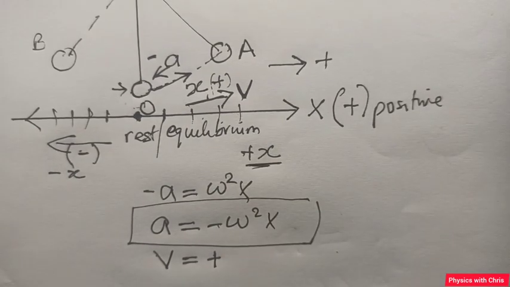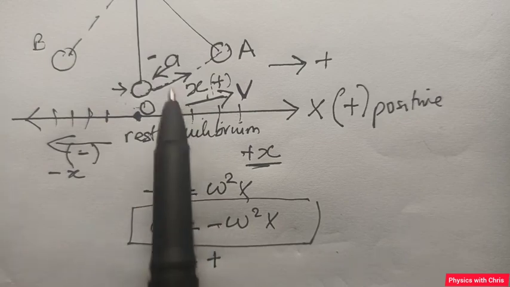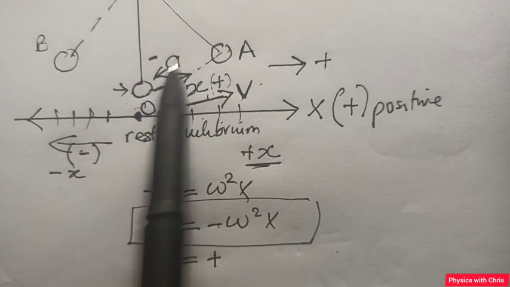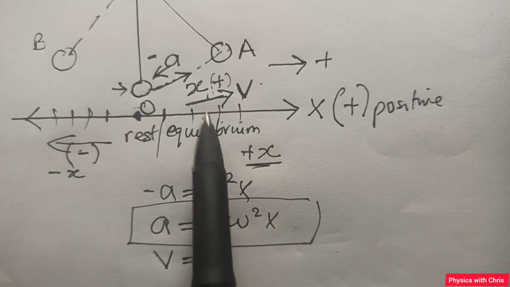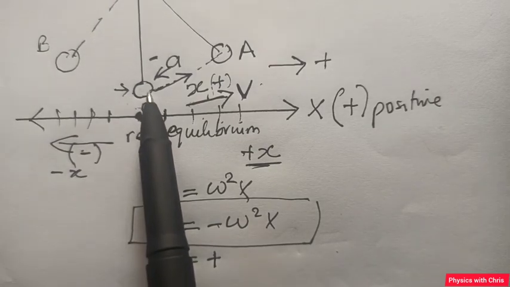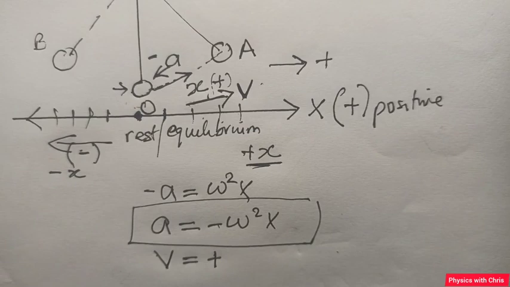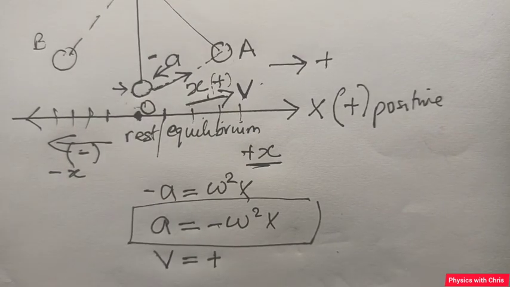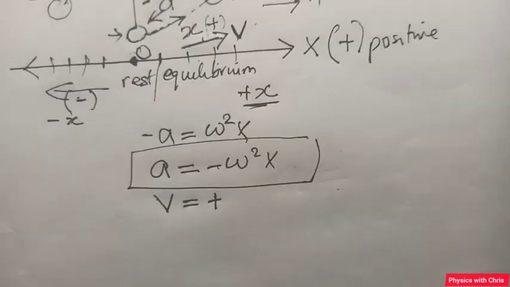Whenever a body is accelerating, we expect that when the speed is increasing, the acceleration and the speed are in the same direction. But when the speed is in this direction and the acceleration is in the opposite direction, it means this body ought to be slowing down. This is when the body decelerates and comes to rest momentarily at point A. So as the body moves from O to A, it moves with decreasing speed. So we'll expect the speed of the body to be maximum.